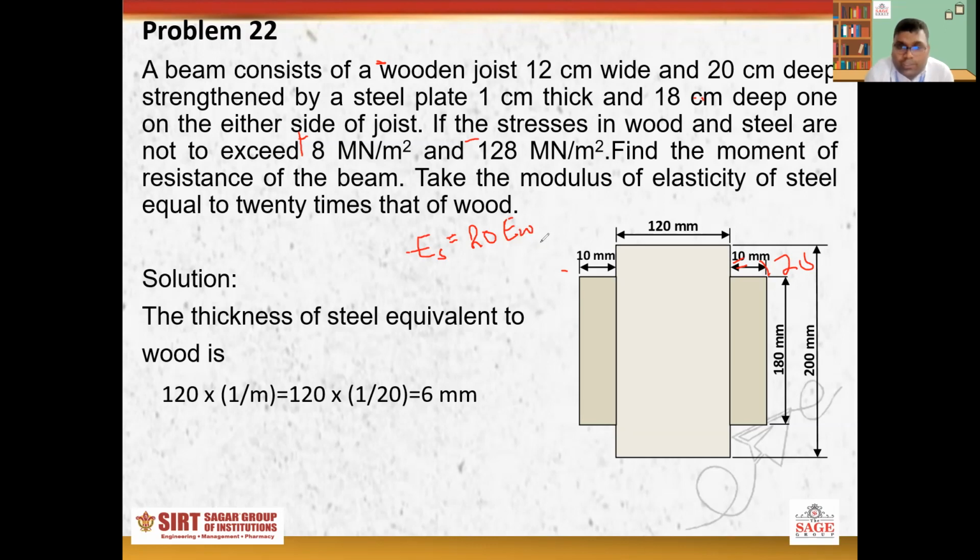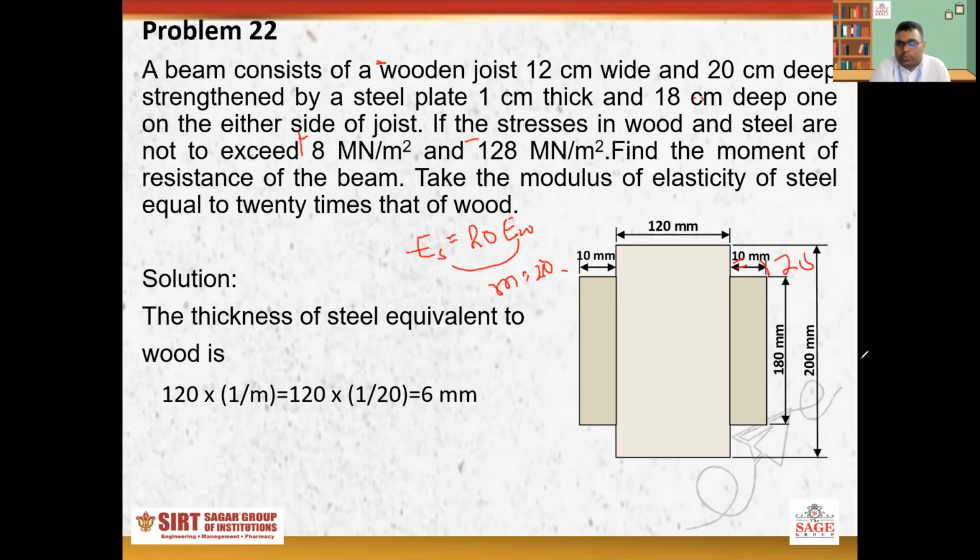Once this comes here, it becomes 20. So we can say the modular ratio is 20 in this case. This is given in the question, and everything is mentioned in this diagram.